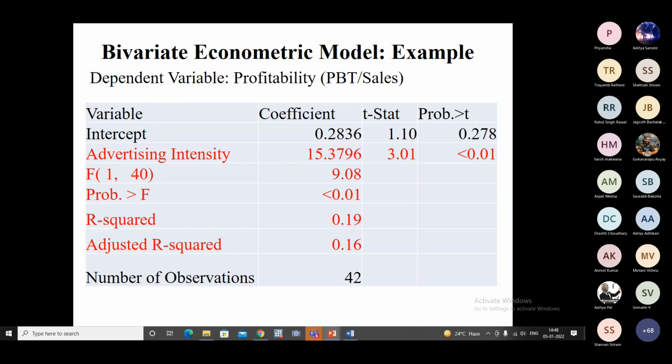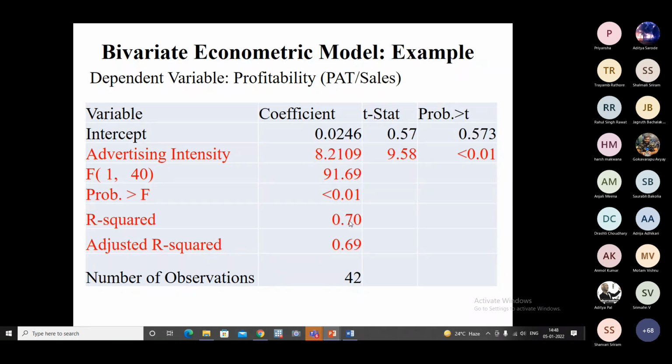Now, if I just move on to the next model, sorry. That was profit before tax, and this is profit after tax. Here also you see the estimated model is statistically significant, but the R square value is much higher. When I use profit before tax by sales, I get R square value 0.19.